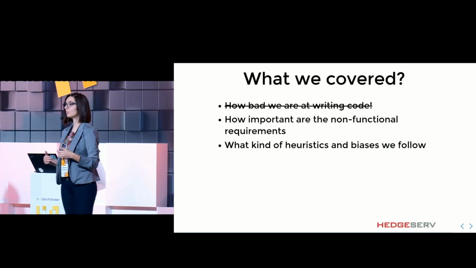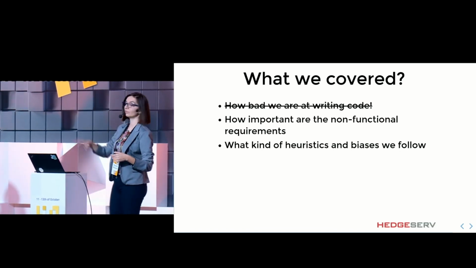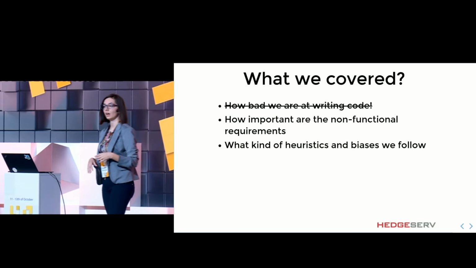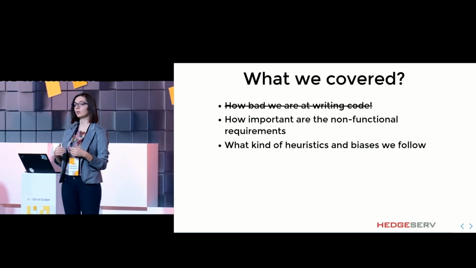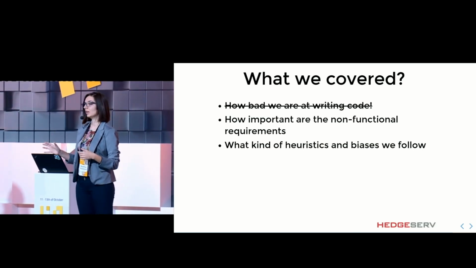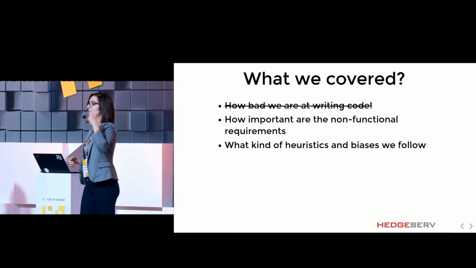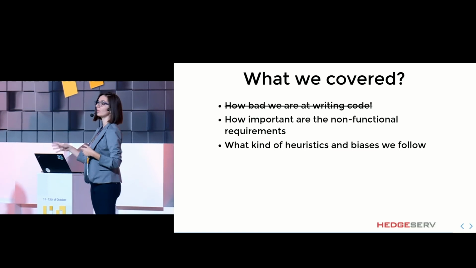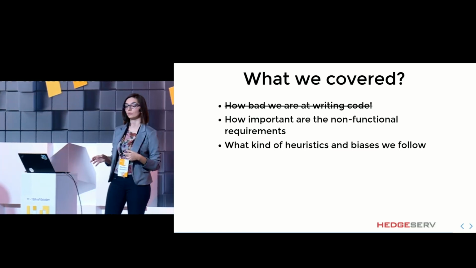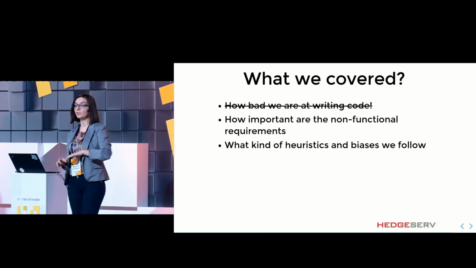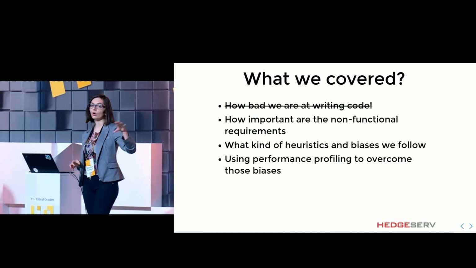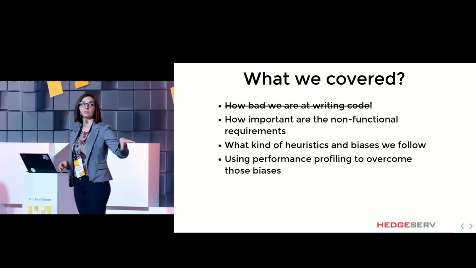In our case, we want to show that Tim followed them, and in our day-to-day work, we are used to pairing together, and I was the developer that it came to my mind, hey, you're following stuff that we're not supposed to do. So that's why we used profiling, in order to overcome those biases and heuristics.